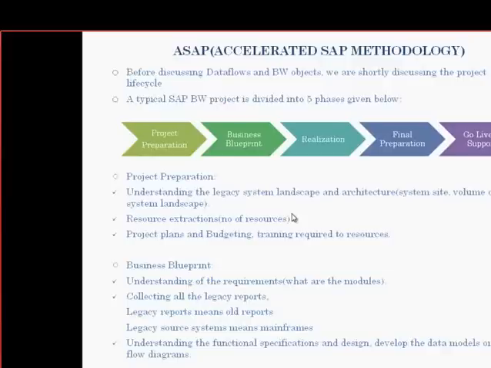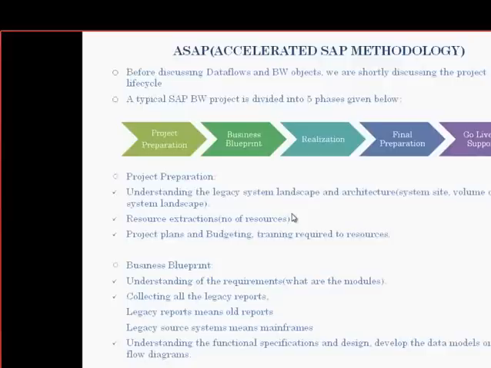Business blueprint is the second step of the project. Hello, are you there? Yeah. In the business blueprint, we understand the requirements: what modules we are going to install, what reports we are going to collect, what the legacy reports are, and what source systems are available, for example mainframe systems, and we understand the functional specifications.